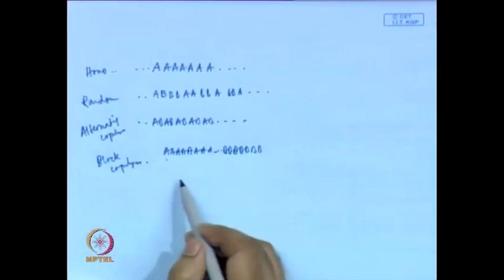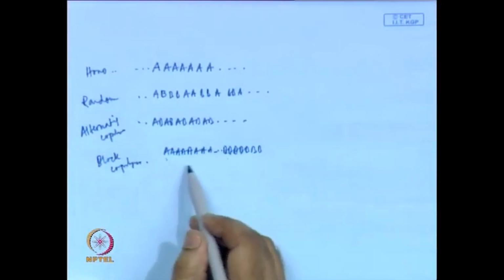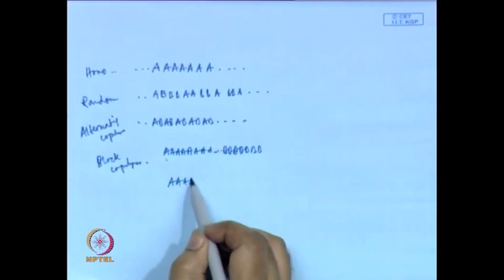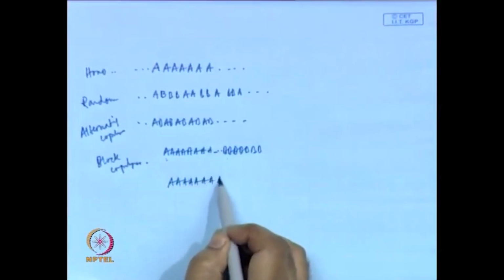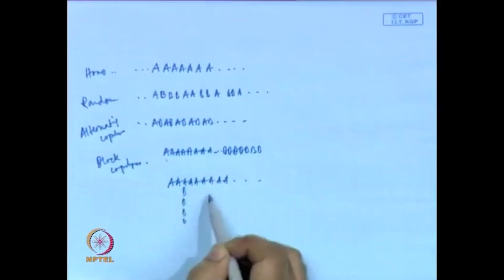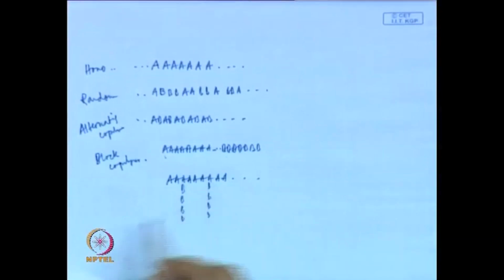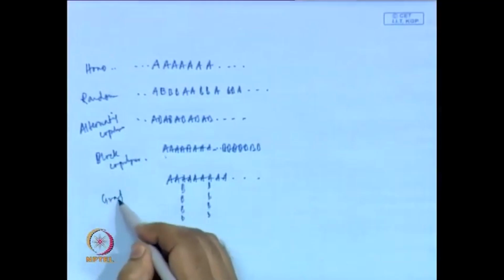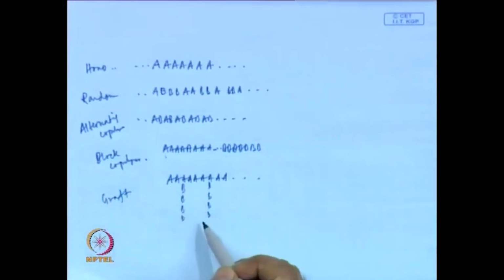And there is another version where you might have a backbone of homopolymer, from which you have hanging chains of another block. Then we call this a graft copolymer.